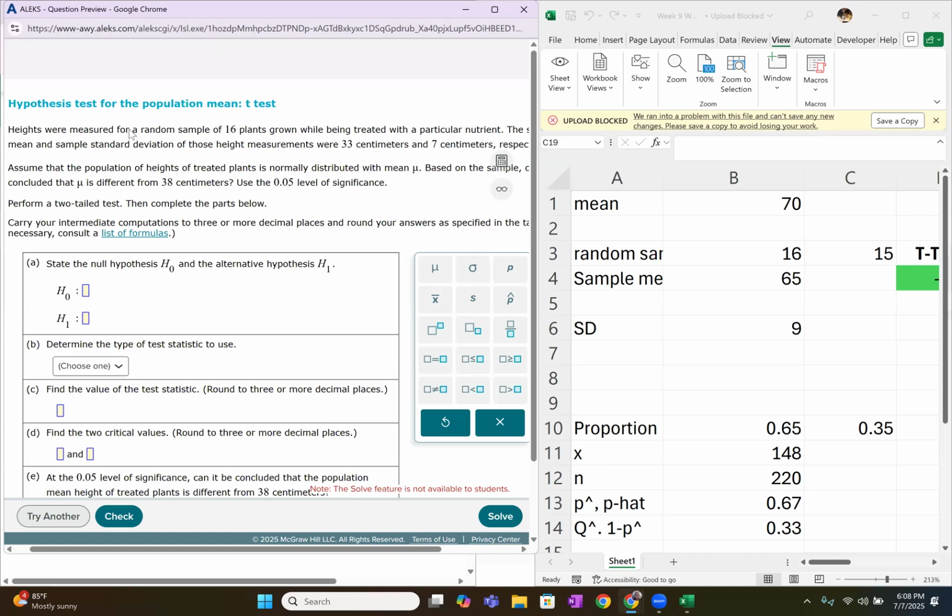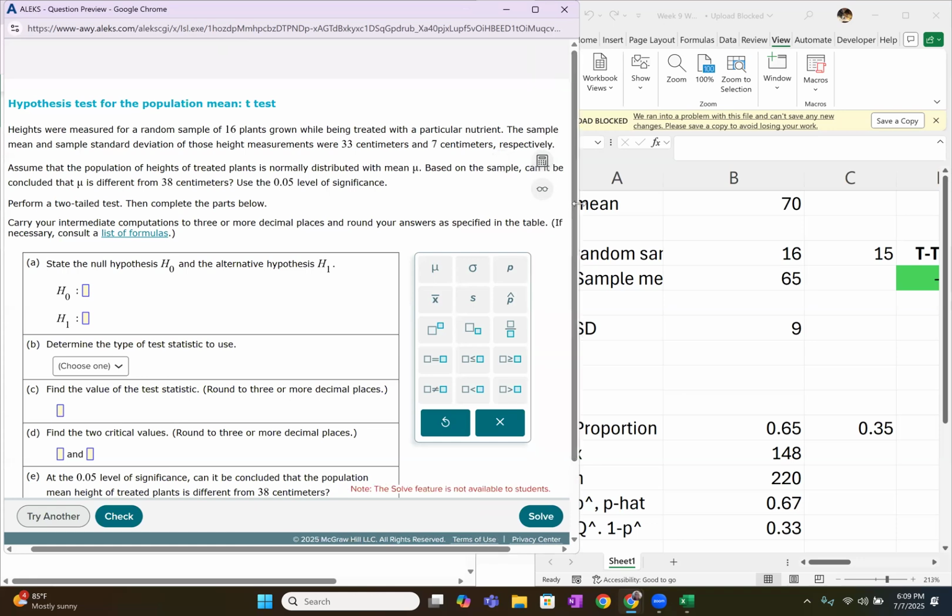So the heights were measured for a random sample of 16 plants grown while being treated with a particular treatment. And then it says further, let's open it up. The sample mean, that is the key word. Do you see that? The sample mean and the sample standard deviation.